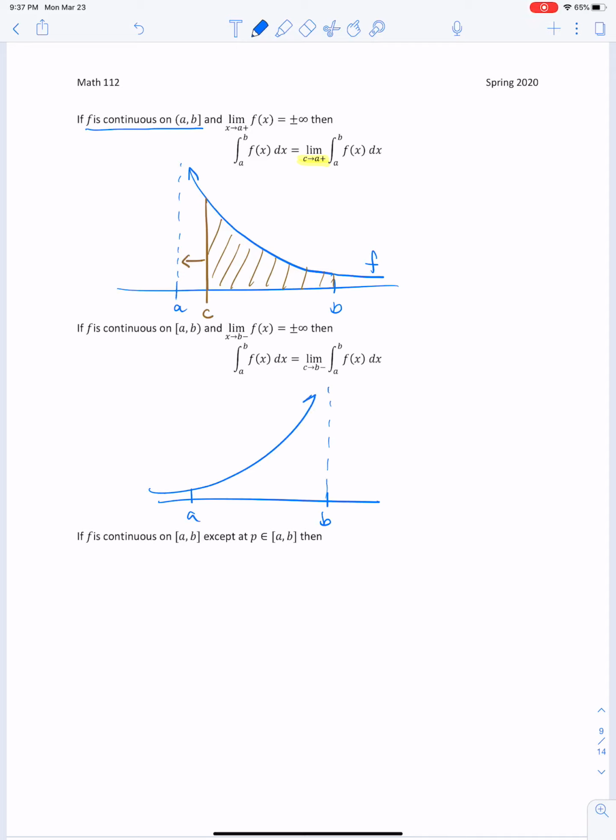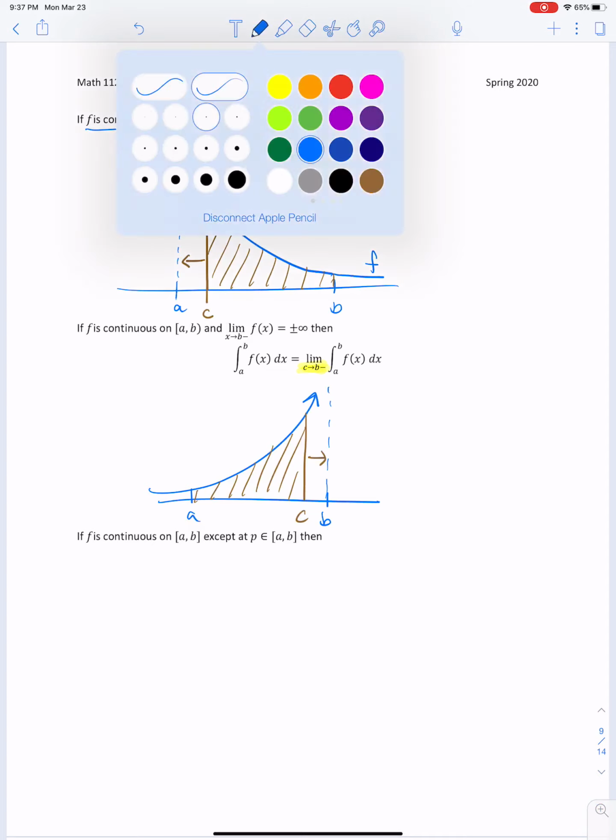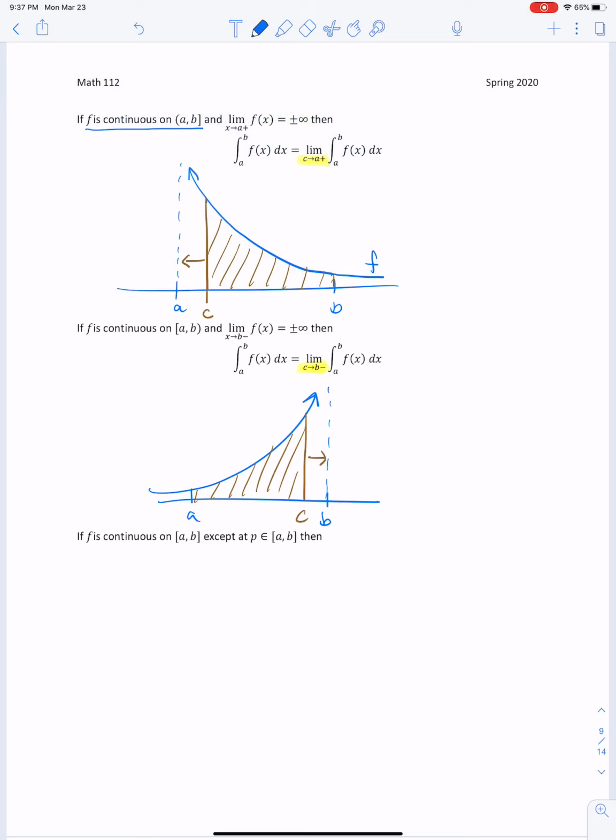Let me draw my cartoon here, and then we put in our c. Now c is approaching b from below.